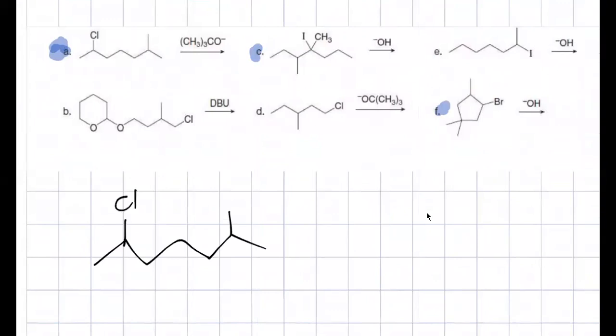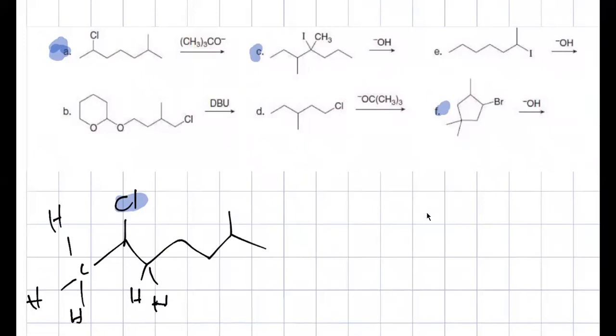All right, so what I need to do here is at first locate my leaving group, and then the hydrogens that are adjacent to the carbon containing the leaving group, that's where my elimination is going to happen. So when it says predict the products, we really don't have to go through the mechanism, but I'm gonna show you.